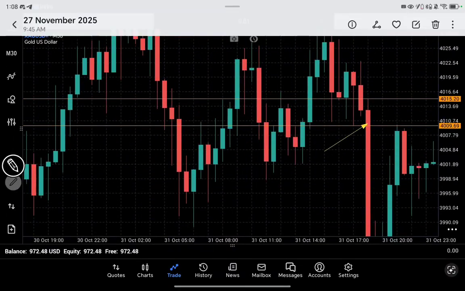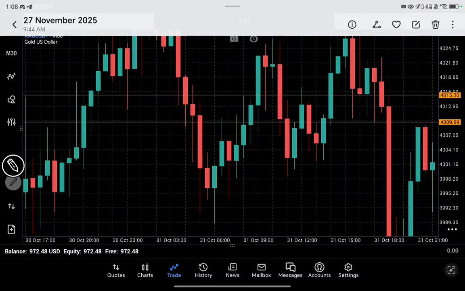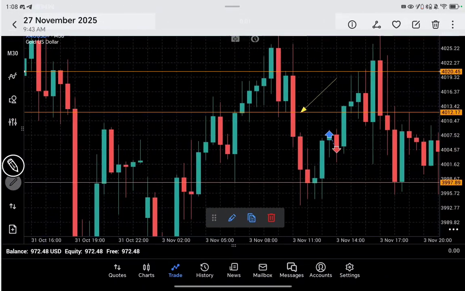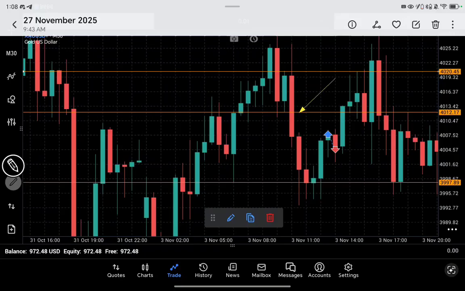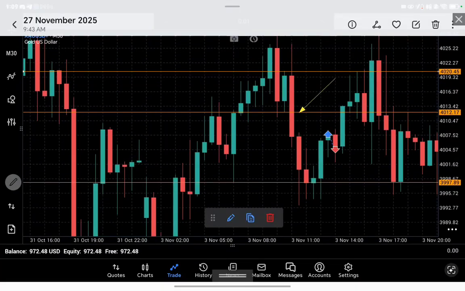So let's move to the next chart, where this is something very interesting. In this chart we are talking about an interesting topic called impulse entry, right? We are talking about the final impulse entry.